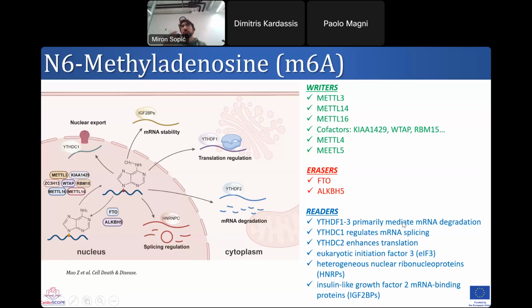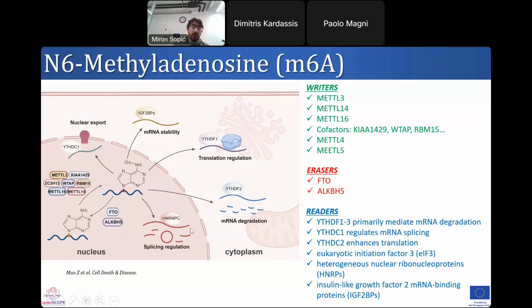You can see that certain types are, let's say, employed in mRNA degradation. So basically, what it means is, if you have M6A on a certain position in a certain mRNA, that can cause greater degradation because of the interaction with these readers. Others are more involved in mRNA splicing or enhanced translation.